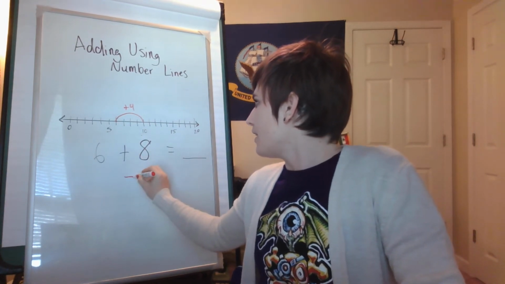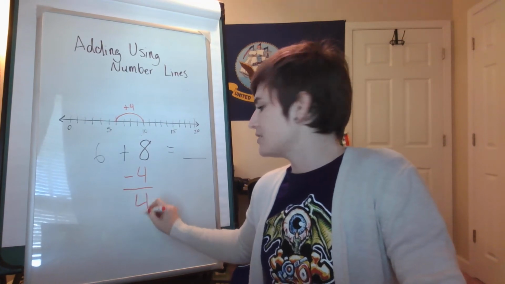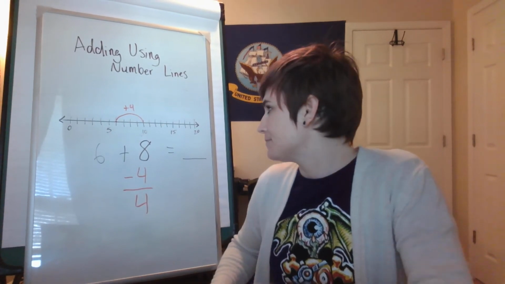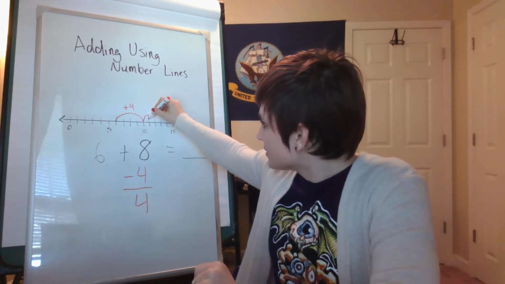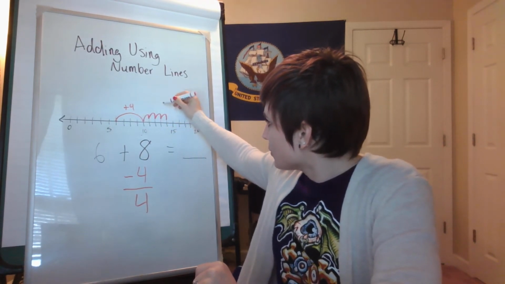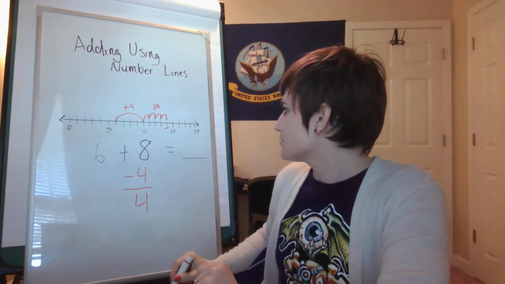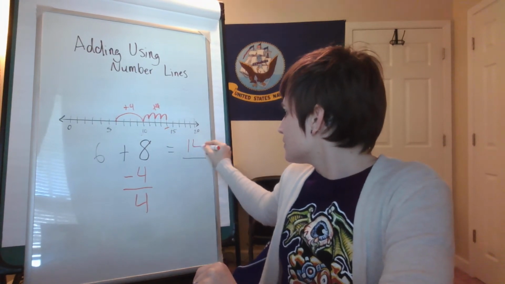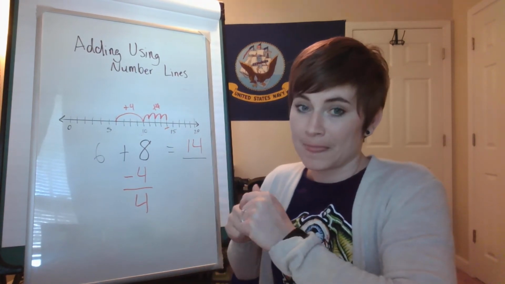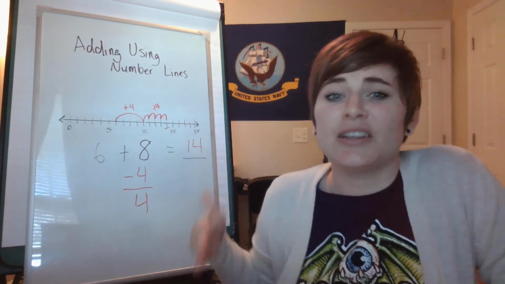So I take 4 away from this. How many do I have left? I have 4 more I need to add. So I'm going to count 4 more. 1, 2, 3, 4. So that's plus 4. And this is my total number. So it's going to be 14.